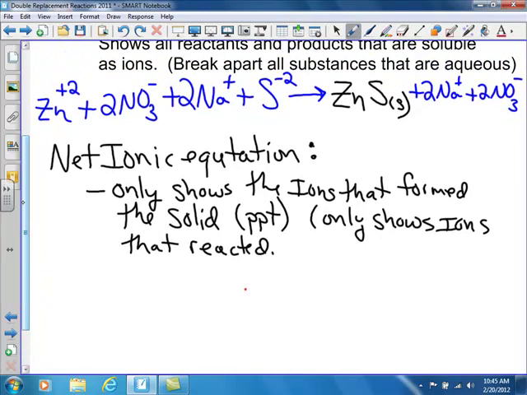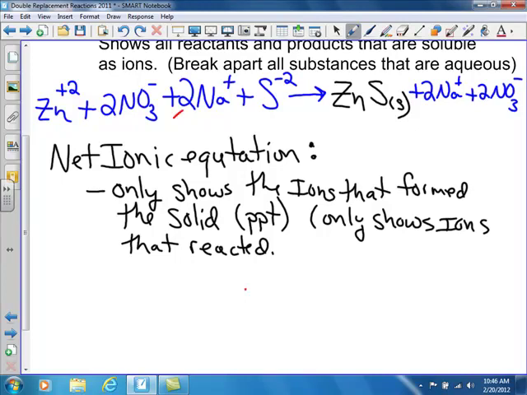So, as I go back up to this equation right here, what happens is this works just like a math equation. And remember, this right here is an equal sign. When I have the same thing on both sides of an equal sign, I can get rid of them.